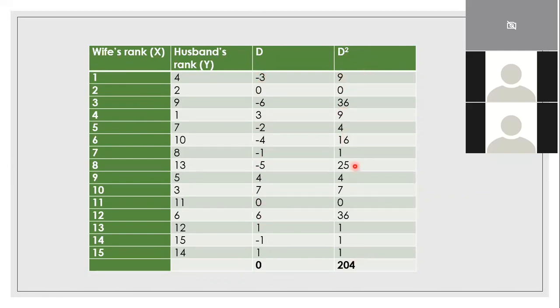So we square all of these and we take the sum of these squares. That's the value that we want. We get some negatives, some positives, which is acceptable because we're going to square everything. You square all of it and you total it. In this case, the sum of these squares works out to be 204.